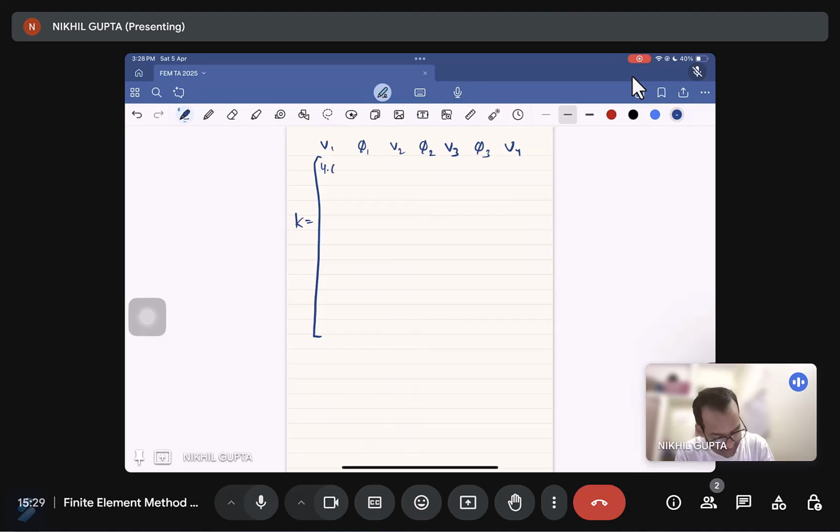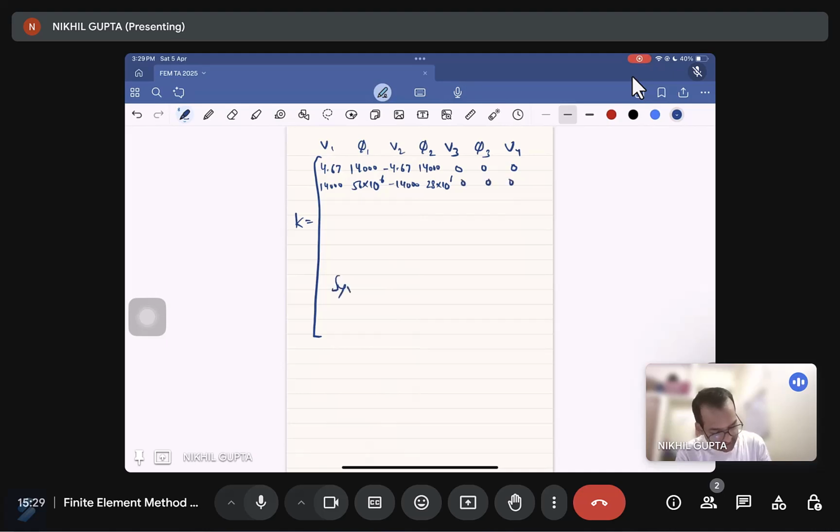It's 4.67, then 14,000, minus 4.67, then 14,000. V3 will be 0, 0, and this will also be 0. Now again, this will be 14,000. This will be 56 into 10 power 6, and minus 14,000, and 28 into 10 power 6, and it will be 0, 0, 0.